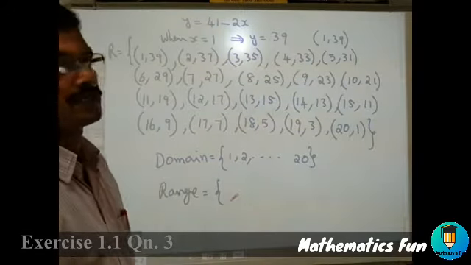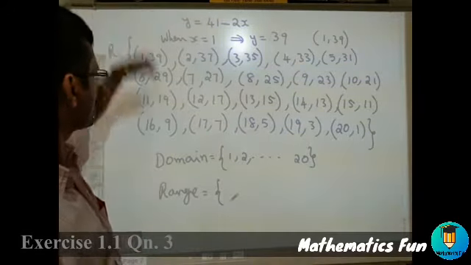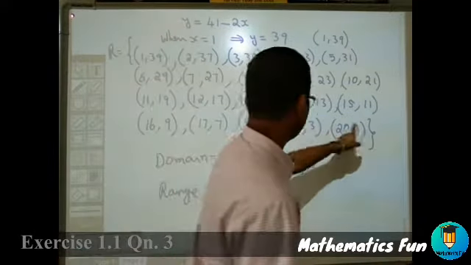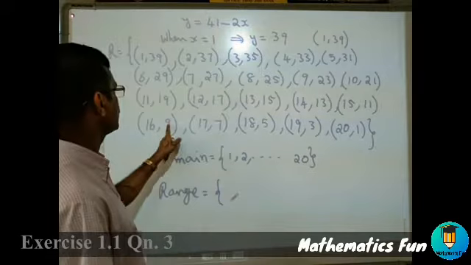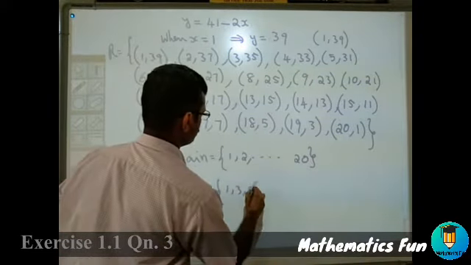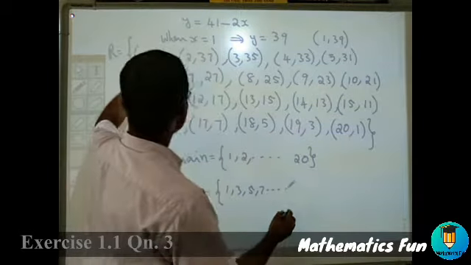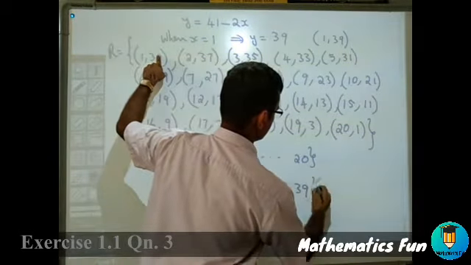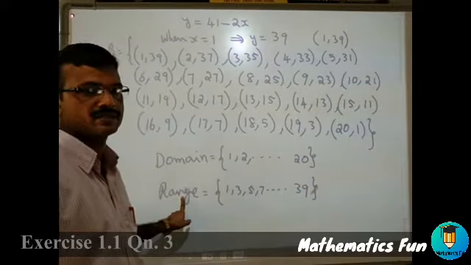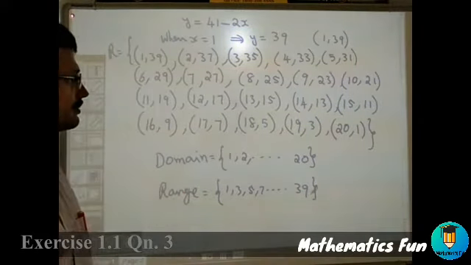The range is the collection of all second components. In order, 1, 3, 5, 7, 9, it goes till 39. That is its range. So domain and range is the first part of this question.